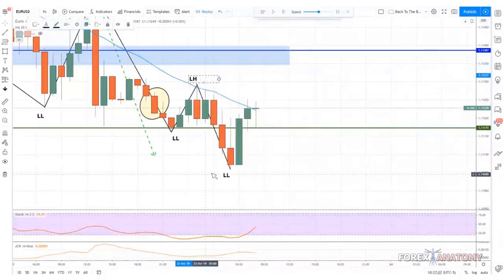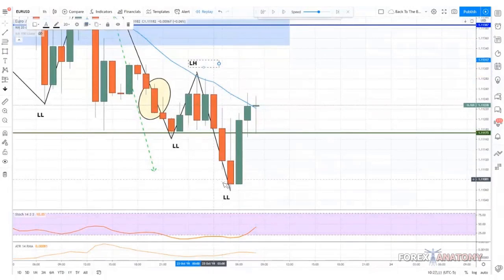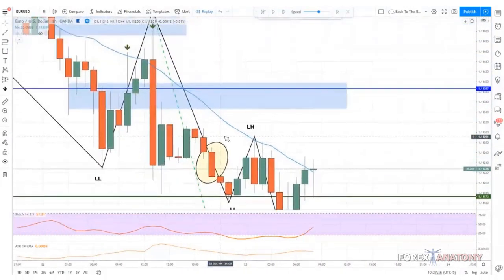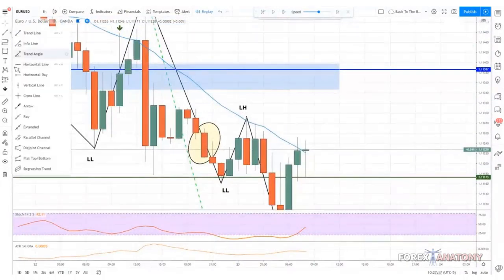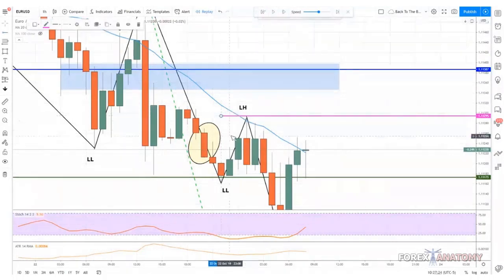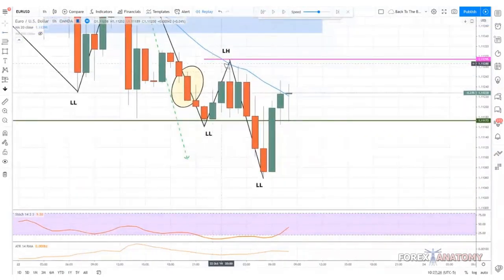Okay. So then we saw that, and right now, with the way things are looking, price pushed up. I mean, we're still below. Let me just add this pink line again. We're still below this low, but it's almost creating an equal high.